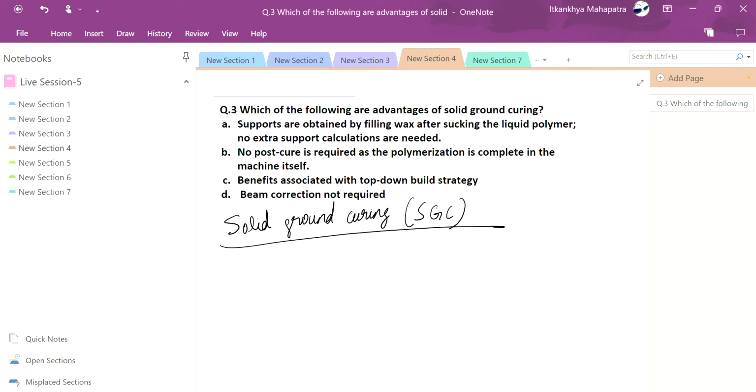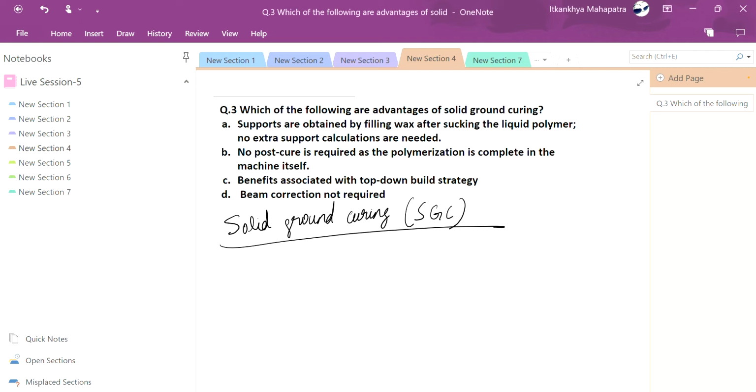Okay, this may be multiple, so one or two more options may be correct. The correct options are A and B. The other options C and D are the advantages for the Autostrade E-Darts method, which is also another photopolymerization based liquid AM.